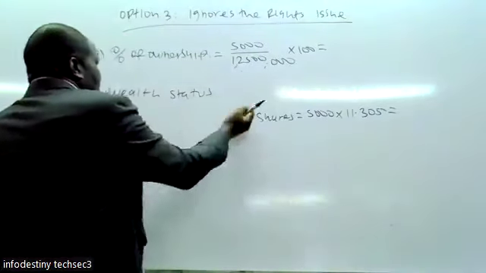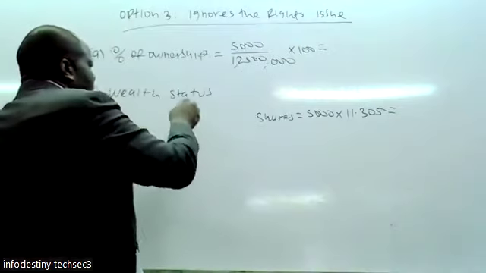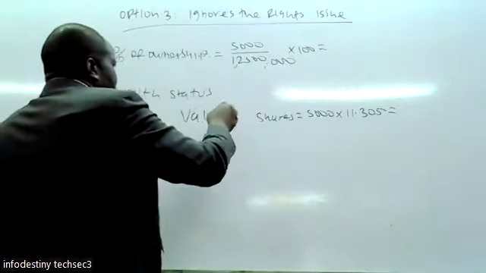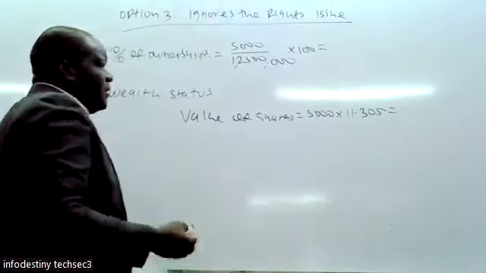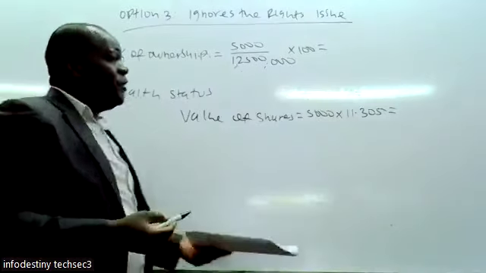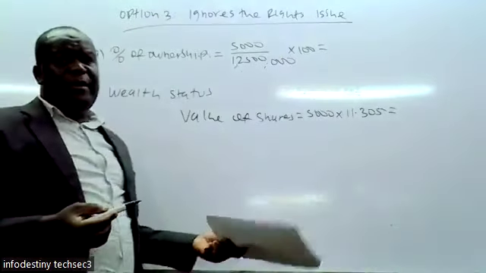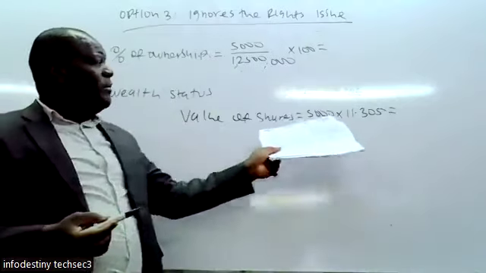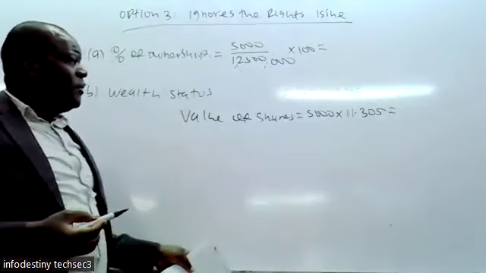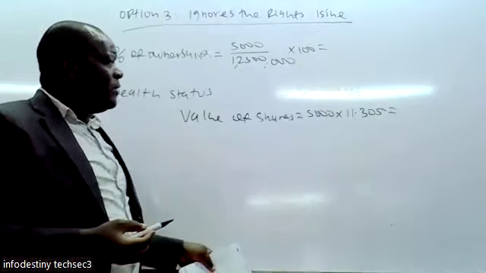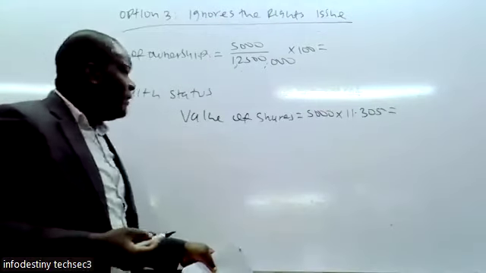And when it comes to the wealth status, we start by getting the value of the shares. He did not participate in the rights issue, so you will only be having the 5,000 shares at 11.305. We get the value for that.